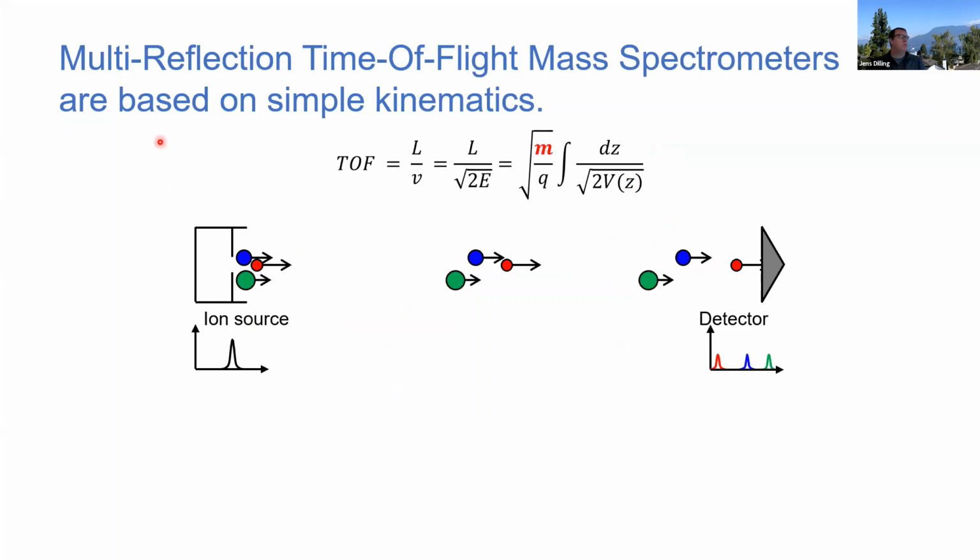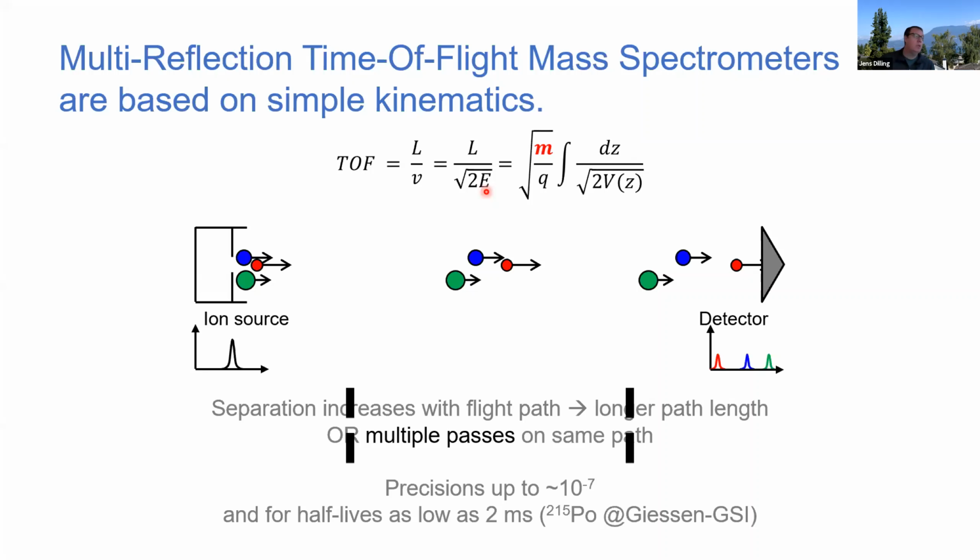So we're going to use what is called the multi-reflection time-of-flight mass spectrometer, and it's based on simple kinematics. You have an ion source and you fly 3 ions with different mass over a period of length, and they will arrive, depending on their mass, at different times. The lighter they are, the faster they will come, and it's just a fact that if they have the same kinetic energy to start with, their velocity will be different.